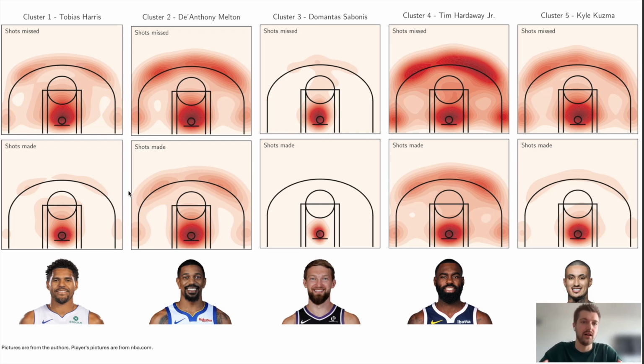The second cluster are the players that shot a lot more 3-pointers. Cluster 3 are players that shot very, very close to the basket, so basically the centers. Cluster 4 are players that shot a lot from everywhere. And finally, cluster 5 represents players that shot kind of 3-pointers and also missed a lot.